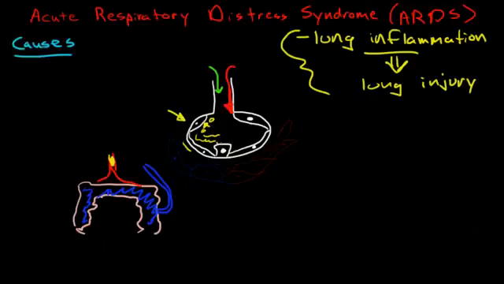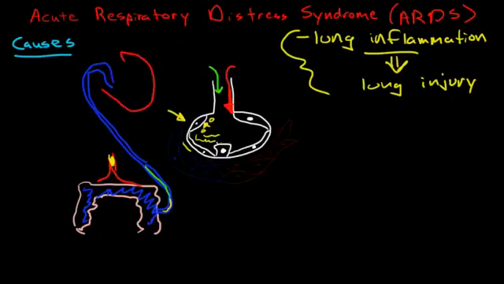So we're going to have lysosomes, and we're going to have cytokines from ischemia. And where's it going to go? Well, it's going to go up to the right side of the heart, dump into the right side of the heart, and then from the right side of the heart it's going to get pumped to the lungs, right?